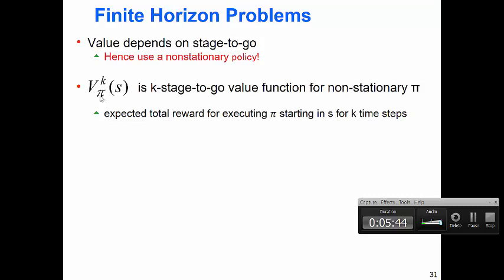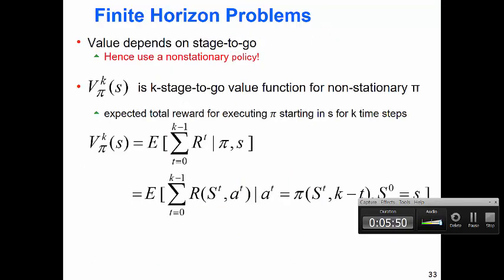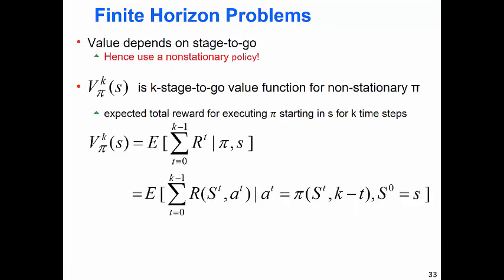You're going to get 0 reward after that because this is a finite horizon setting. And we actually wrote out the equation for this. After you follow pi from s for t time steps, what's the reward you get at time step t? That's what r of t is. And you can see that the k horizon value function is just the accumulation of that over k steps.